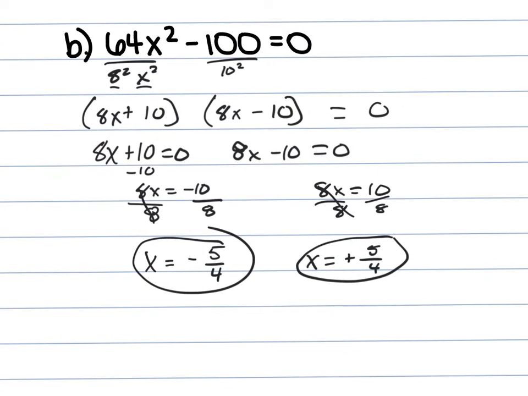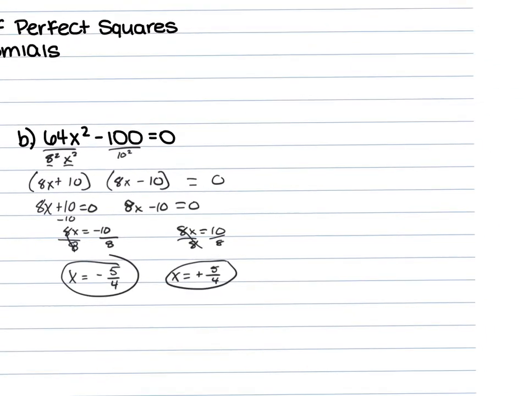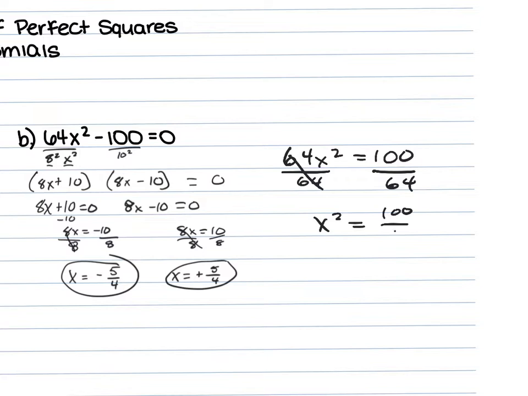Were we still allowed to just do it the other way? Yeah, what you definitely could do is still use the square root. If you want to do it like this, you could do 64x squared is equal to 100 by adding to both sides. You could divide by 64, and we get x squared is equal to 100 over 64.